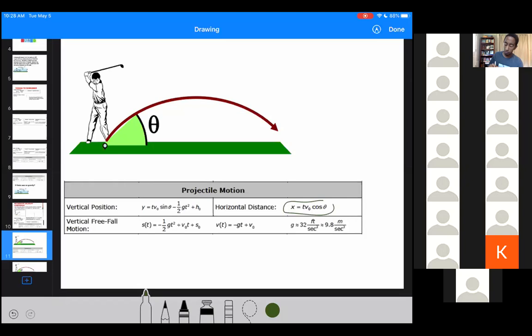So that is why this remains the same. Horizontally, how far the ball has traveled is not affected by gravity. That would be affected by air resistance, which we're not including. That's a whole other thing. So we're assuming no air resistance here. Gravity would solely affect the vertical position because gravity is pulling something down.